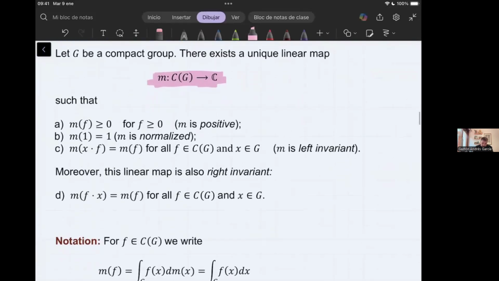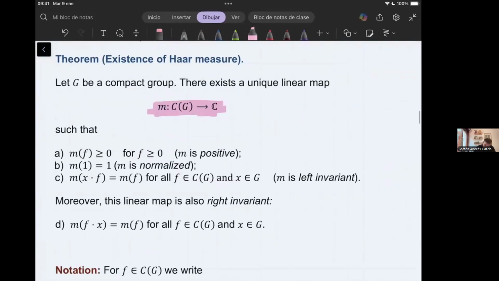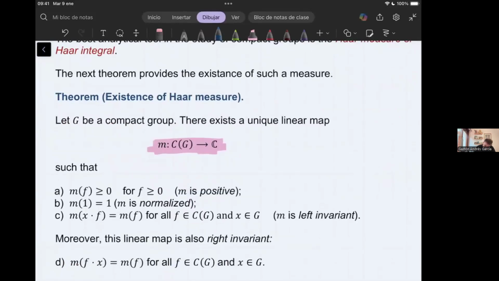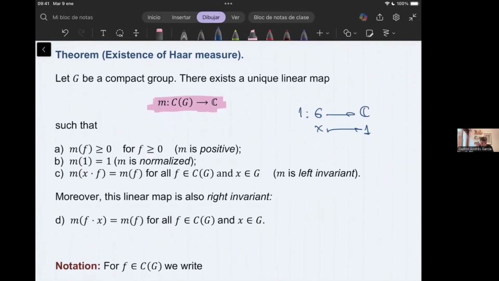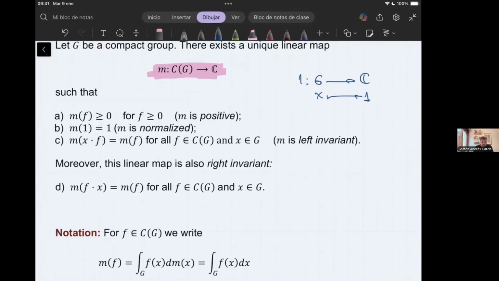The measure of the function 1, the constant function, okay? The function 1 is the constant function given by any element of x gives you 1. It's constant, so it is continuous. So the measure of 1 is 1, and this measure doesn't see the translate of the function.